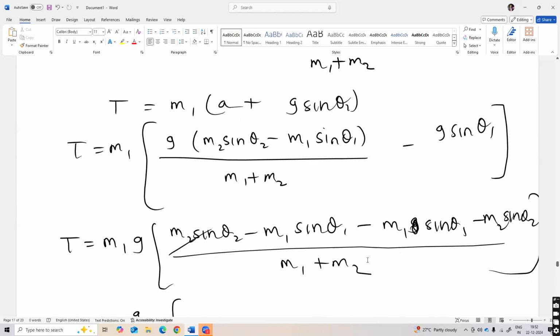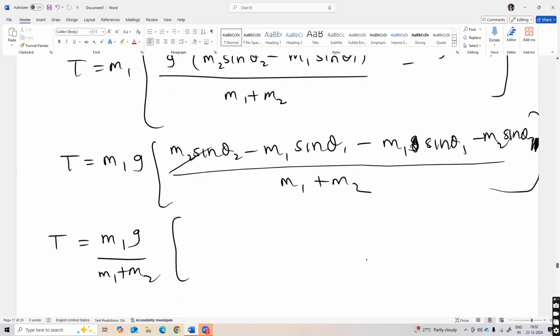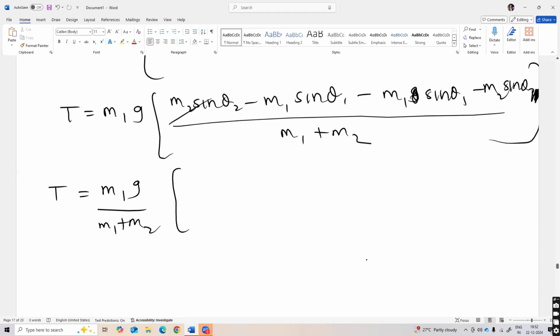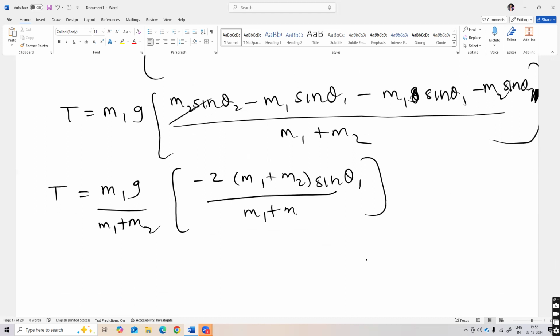So it is m2 sine theta 2 minus m1 sine theta 1 minus m1 sine theta 1 minus m2 sine theta 1, all divided by m1 plus m2. Finally what we got is minus 2 m1 plus m2 sine theta 1 divided by m1 plus m2.